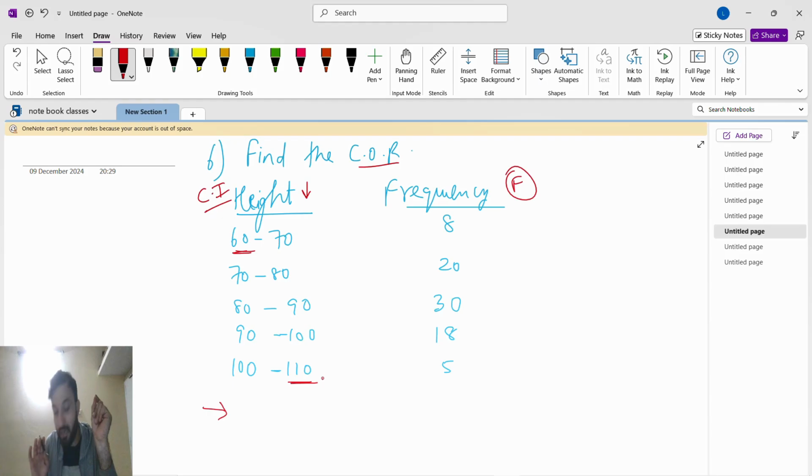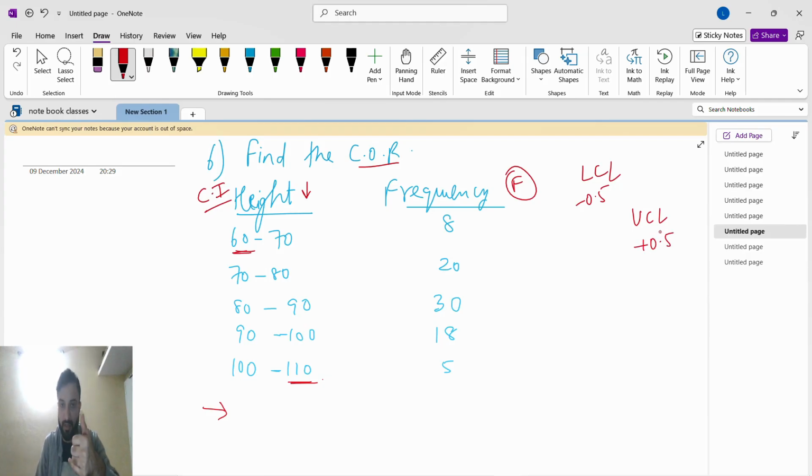But a very important thing, guys, we have already discussed: in statistics, we are not going to use the discontinuous frequency distribution. We are going to use the continuous frequency distribution, right? If the discontinuous frequency distribution is given, then what we have to do? From the lower class limit we have to subtract 0.5, and to the upper class limit we have to add 0.5.